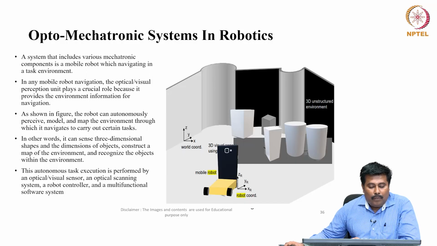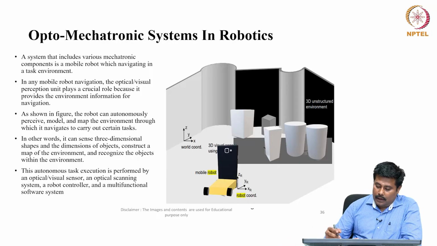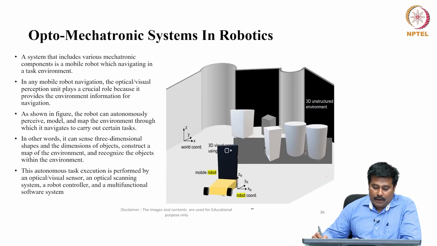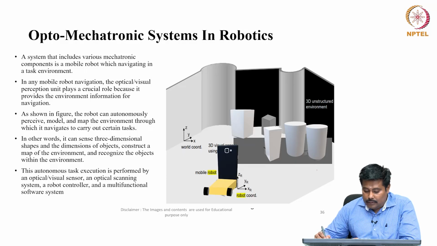In any mobile robot navigation, the optical visual perception unit plays a crucial role because it provides the environment information for navigation. If you observe this figure, the robot can autonomously perceive, model and map the environment through which it navigates to carry out certain tasks.